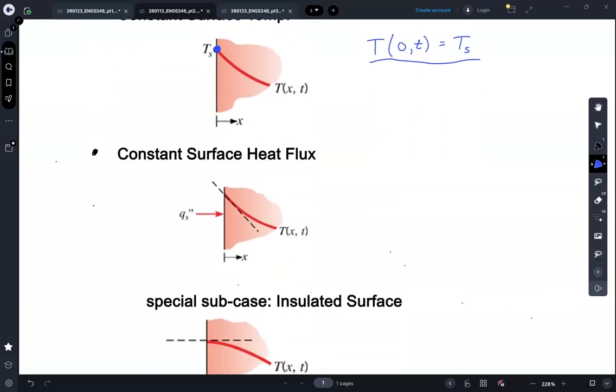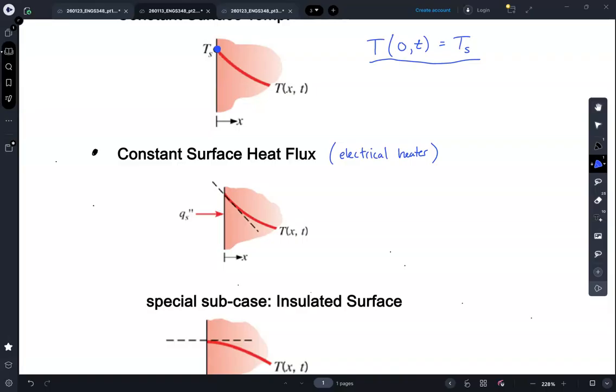This next one, a constant surface heat flux, is quite common in the real world. This could be something like an electrical heater, where we have a continuous 20 watts of heat going into our object, and we're going to see how that heats up the system.